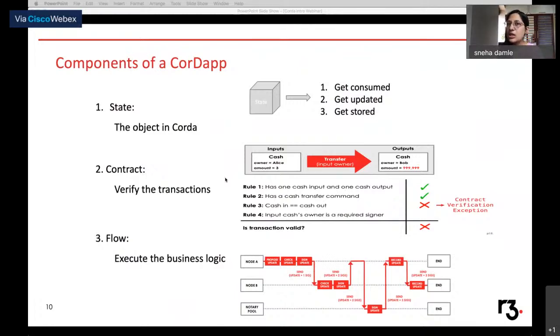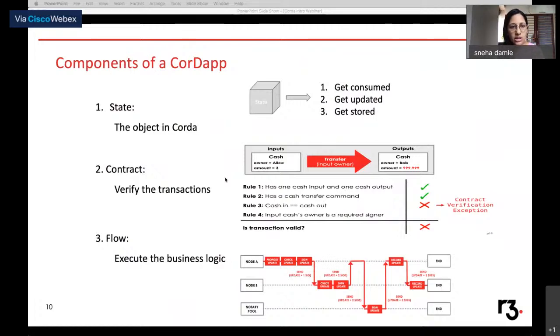A transaction, as I mentioned, is a proposal, and a transaction is used to modify the ledger at any point of time. If you see in the diagram on the right-hand side of the contract, you can see a bigger gray box that represents a typical transaction in Corda. You can see that it has a set of inputs and a set of outputs.